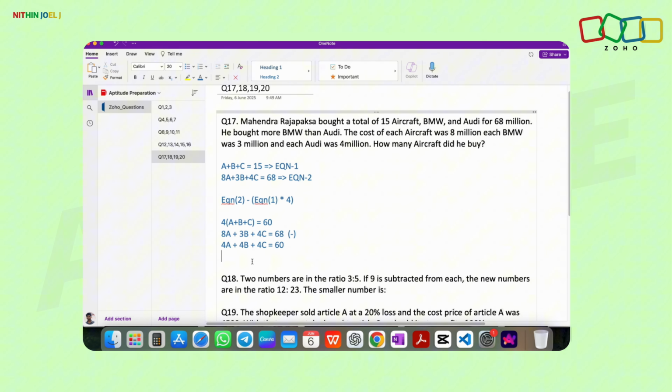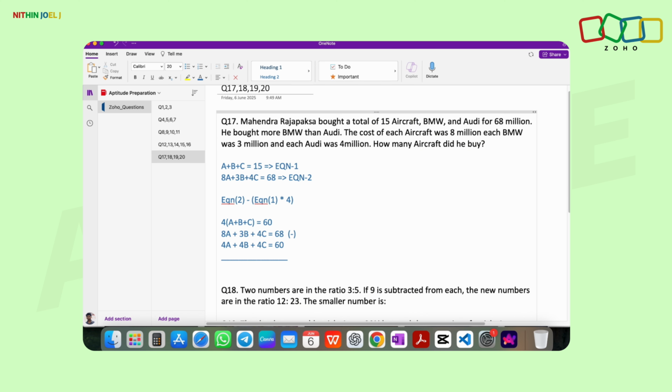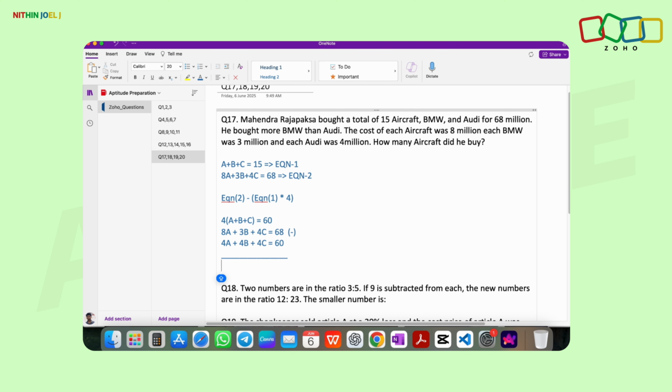Now if we subtract, let me draw a line. Subtracting 8a and 4a, we get 4a, and 3b minus 4b gives minus b, which is equal to 68 minus 60, which is 8.